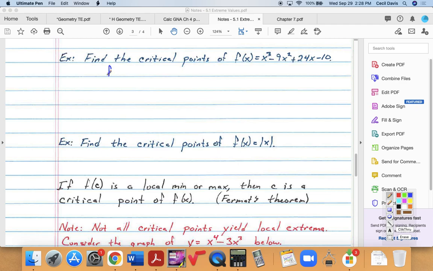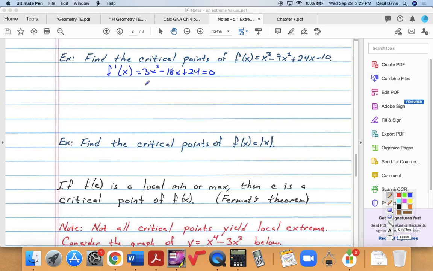Now, polynomials are pretty easy to deal with. We'll take the derivative, which will be 3x squared minus 18x plus 24, and set that equal to 0. Is there any point where this new polynomial function doesn't exist? No, polynomial functions are defined for all real numbers.